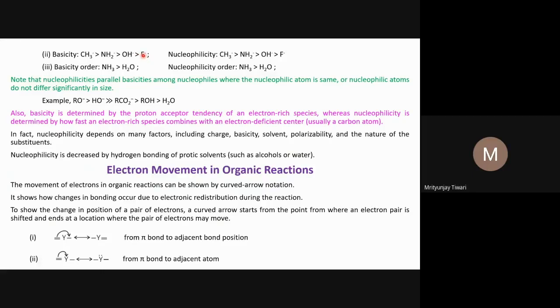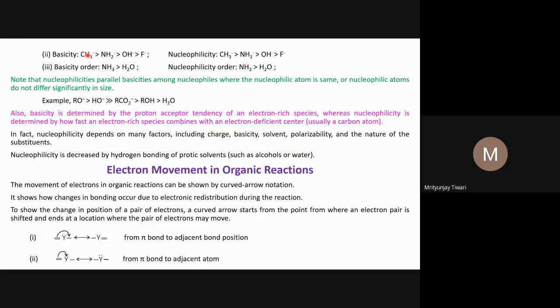If this bond is most polar, then HF will be the strongest acid. Then the H2O bond is more polar because of higher electronegativity difference, then comes NH3, and then CH4. Sorry, this is H2O, then NH3, then CH4. So the C-H bond in CH4 is the least polar among all these species.